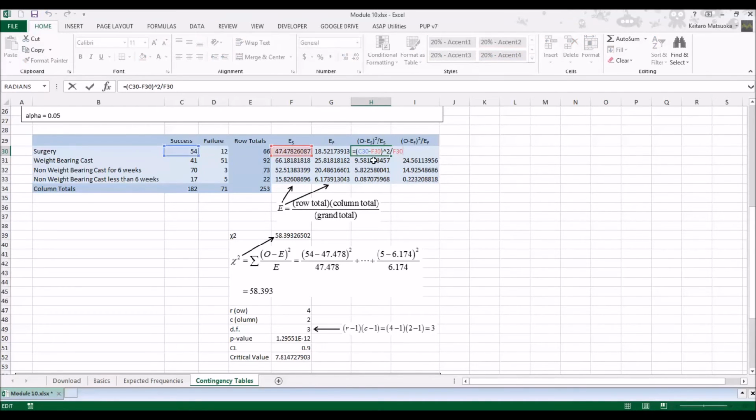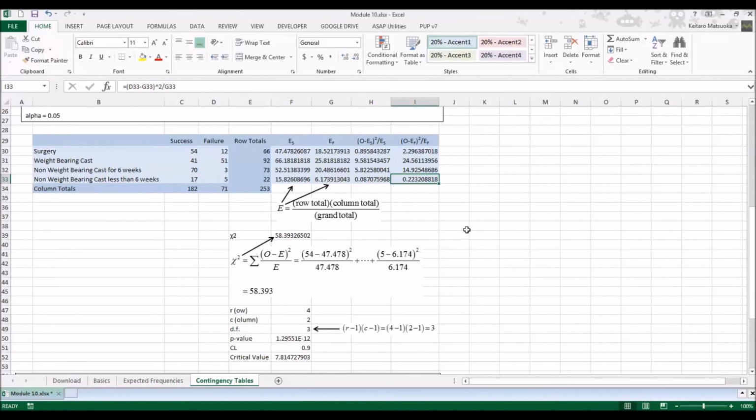So that's what I'm doing here. 54 minus 47.47 in parentheses, square it, and divide it by 47.47. And again, I had to do that for every single cell. That's the hardest part, to make sure you're referencing the right cells.